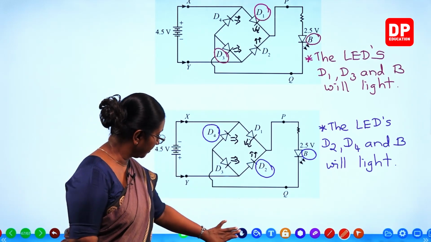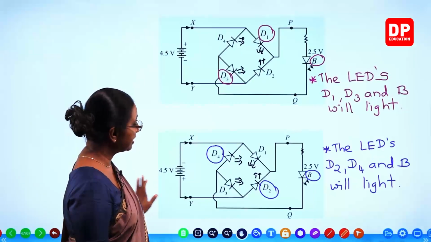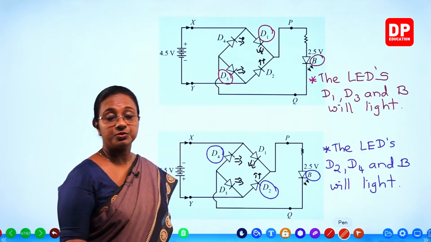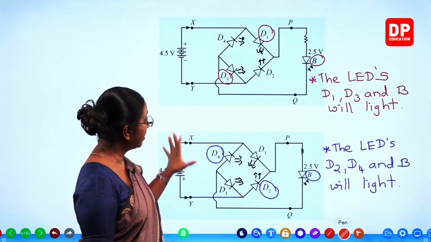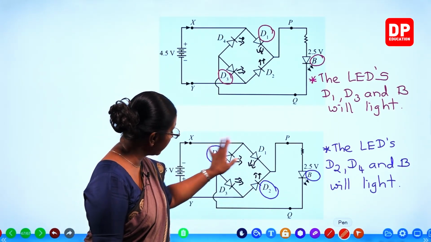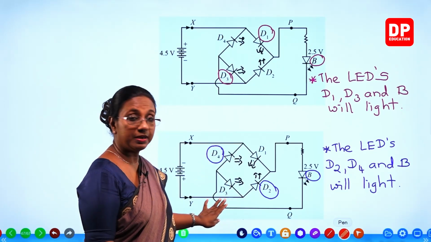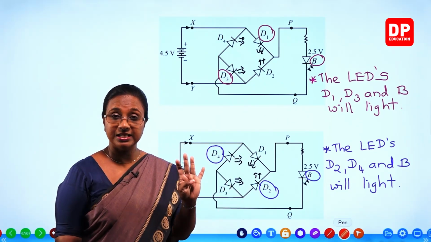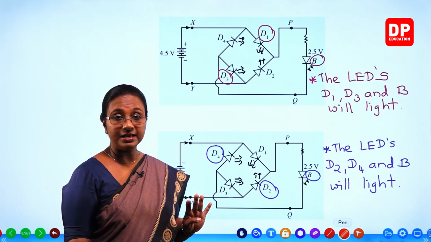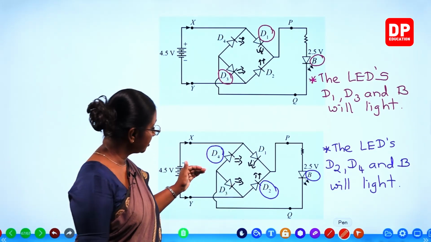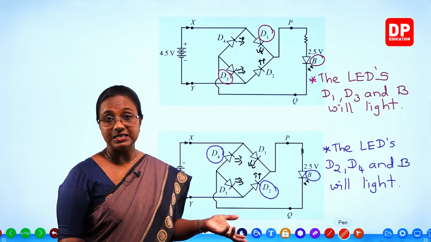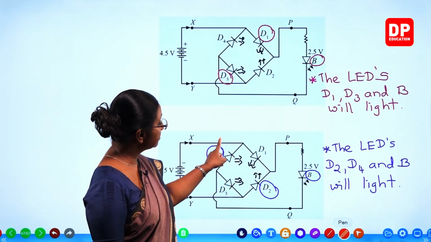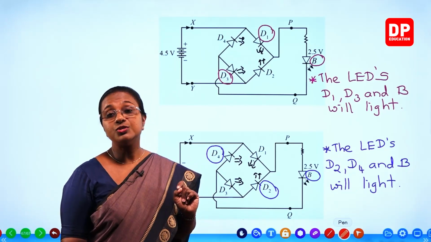So the same thing, we are trying to understand the rectification process, converting alternate current to direct current. To understand that, we can use the same circuit, the rectifier bridge with 4 diodes connected in the appropriate manner, but there instead of the normal PN junction diode, you can use LEDs. So then we will see all the diodes light up.